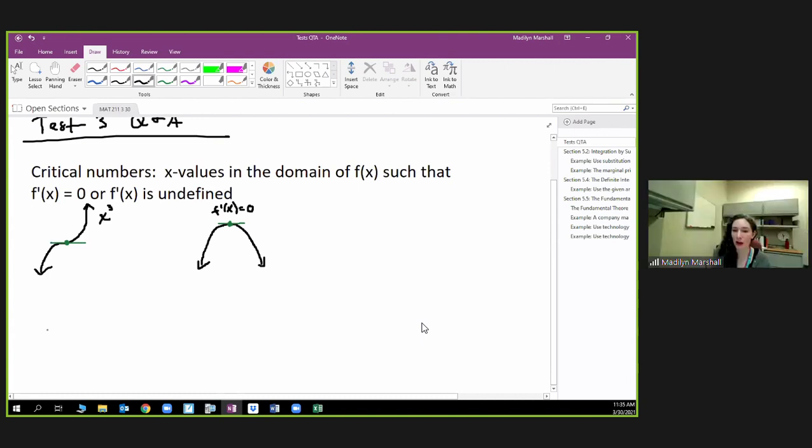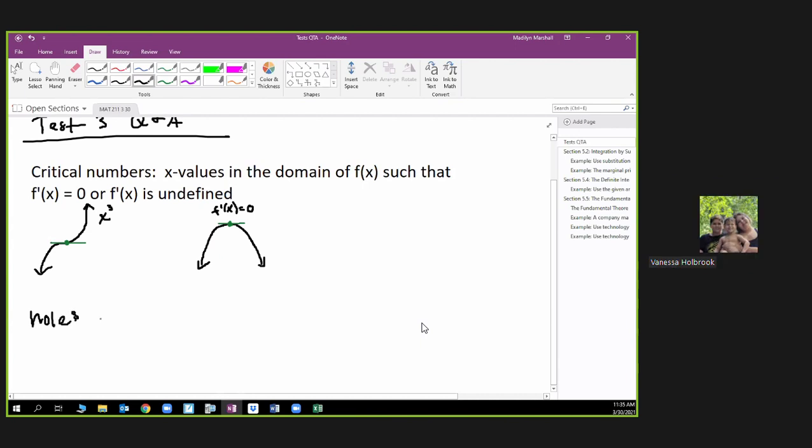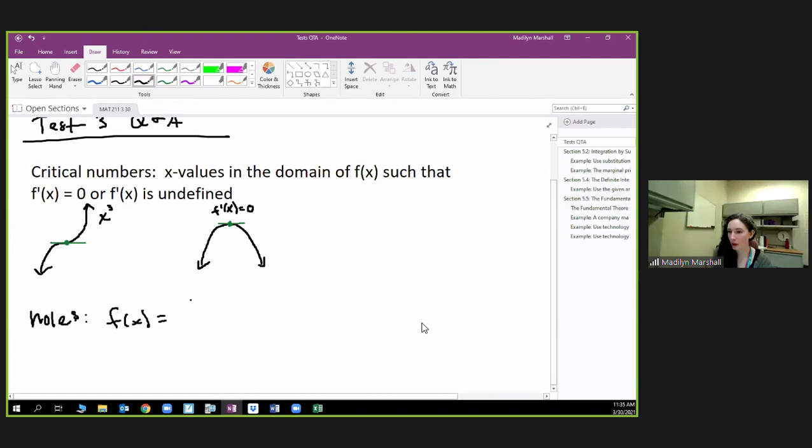And so holes are places where the function is not defined, but that factor cancels. So for example, I'm just going to write this in factored form.